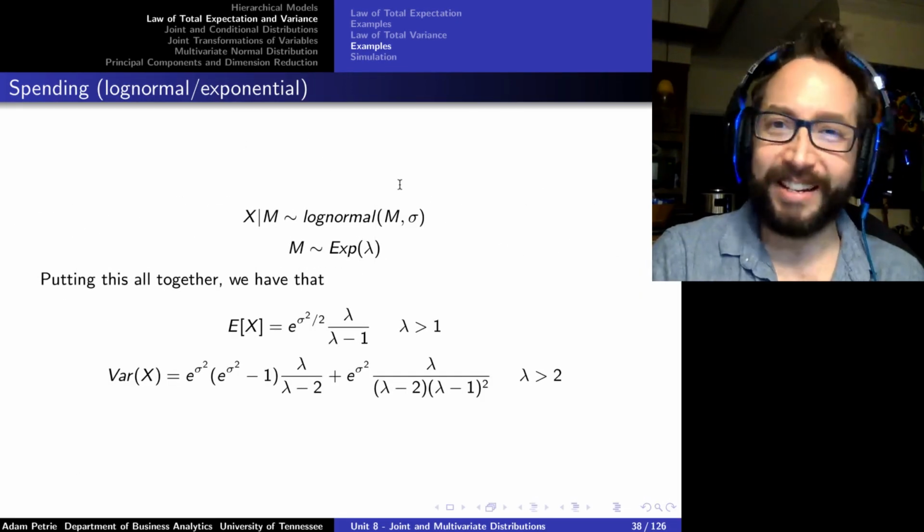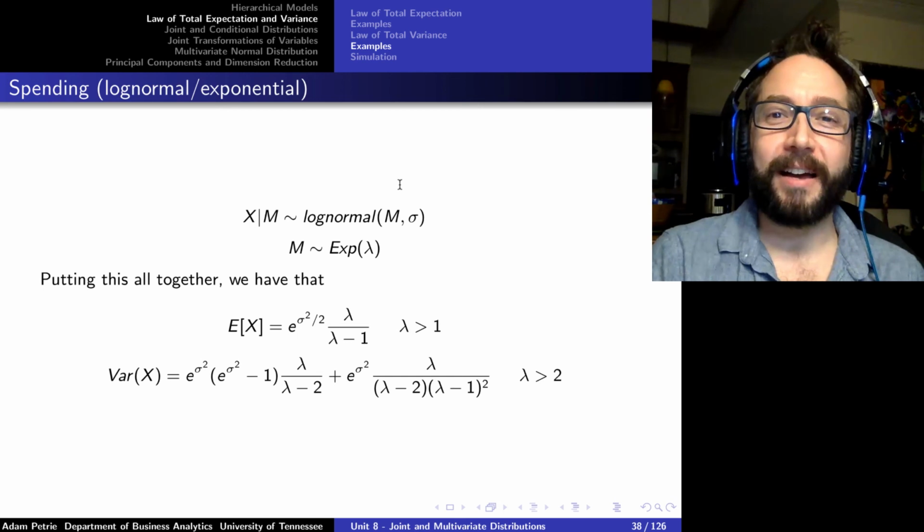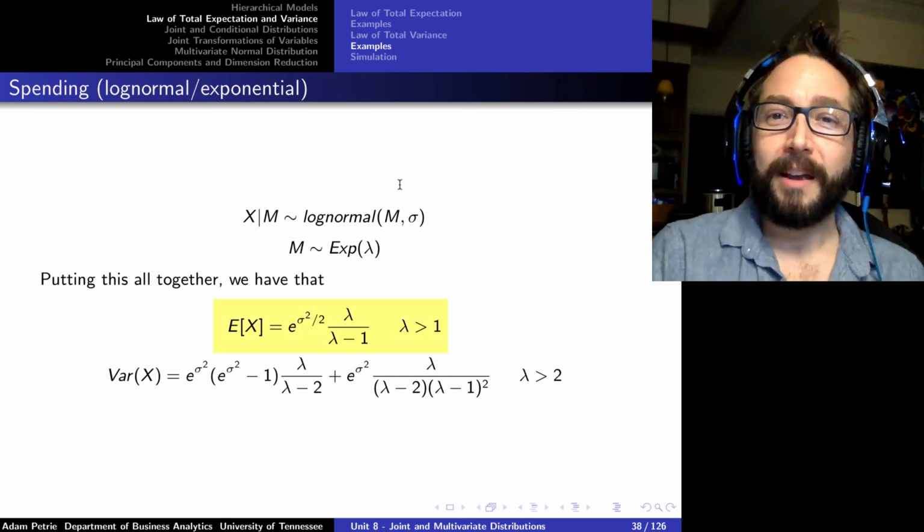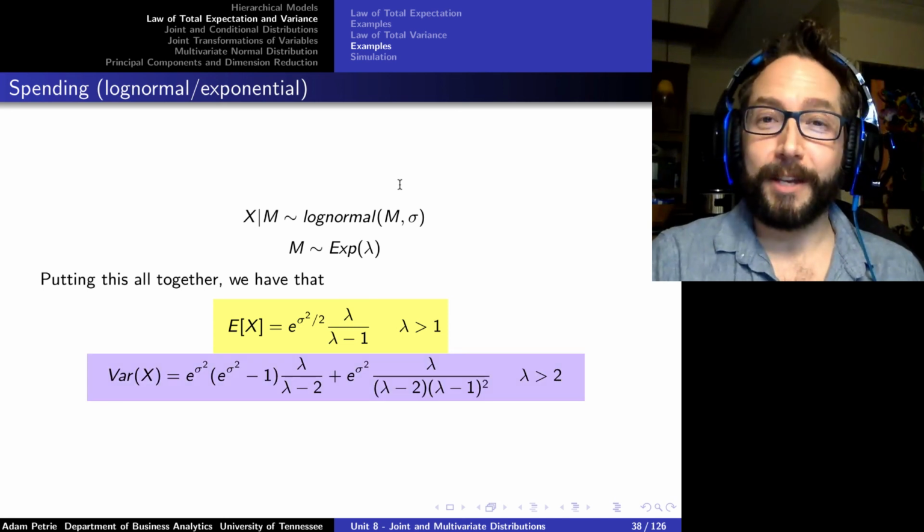So the upshot is, after everything has been simplified and derived, we have a formula for the expected value of the amount spent, and we have a formula for the variance of the amount spent as well.